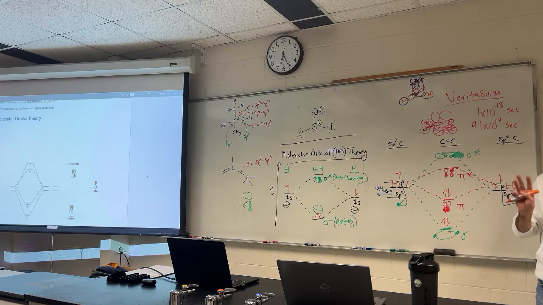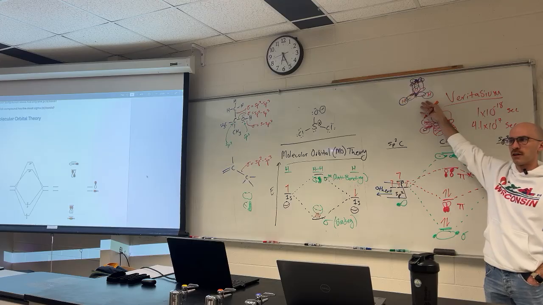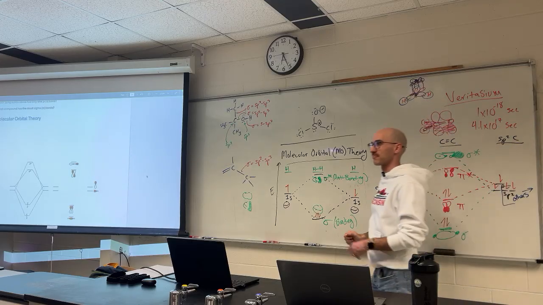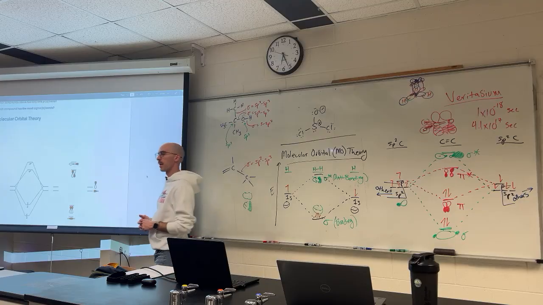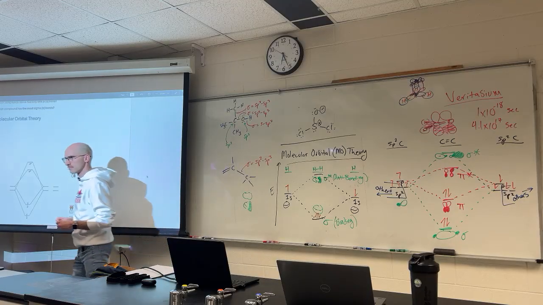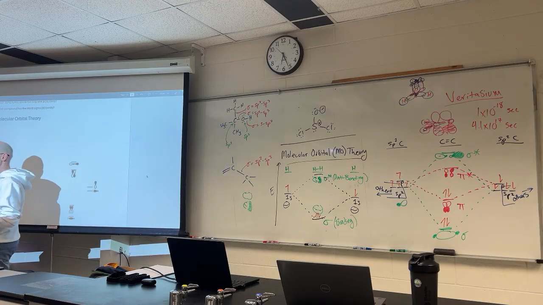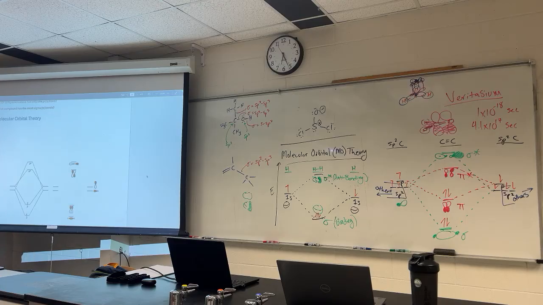MO diagram now explains things that Lewis structures and valence bond theory cannot explain. First of all, if I told you to look at our structures from before and I asked you, what's higher energy, the sigma bond or the pi bond? What told you that? Did valence bond theory tell you the pi bond is higher energy?